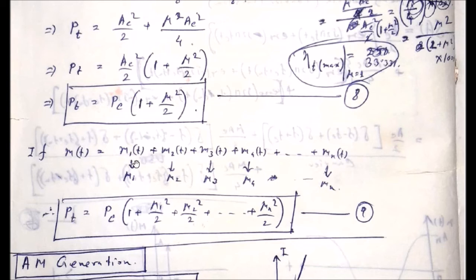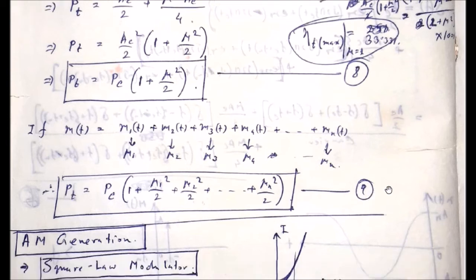For M1T it will be mu1 square AC square by 4. For M2T it will be mu2 square AC square by 4. In this way all of them will be there. If you add all of them, you will obtain the total transmitted power equal to PC multiplied by 1 plus mu1 square by 2, mu2 square by 2 up to mun square by 2. This is equation number 9, and it is also very important for carrying out numerical problems.